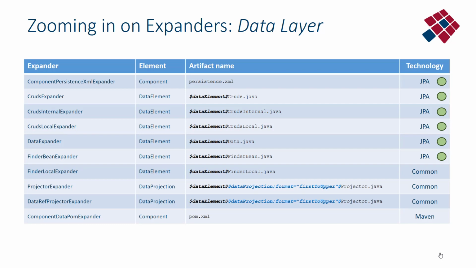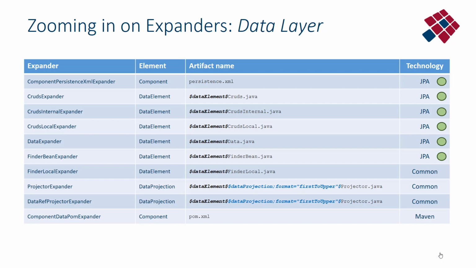Now, at the first and the last row, we see some XML files located at the level of the component to describe the persistency framework, and the POM file of the Maven framework.